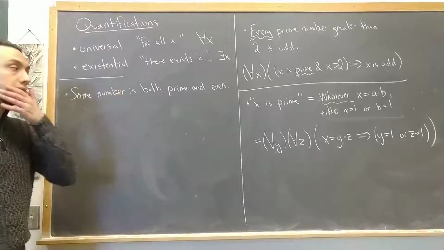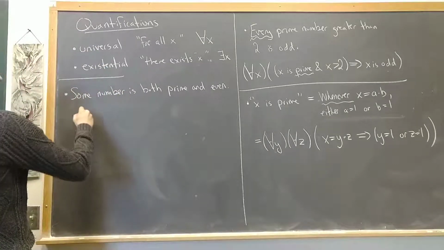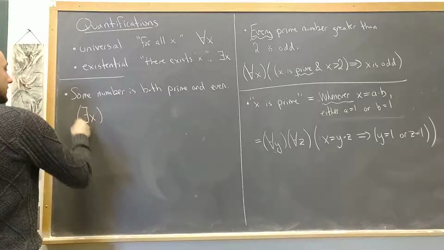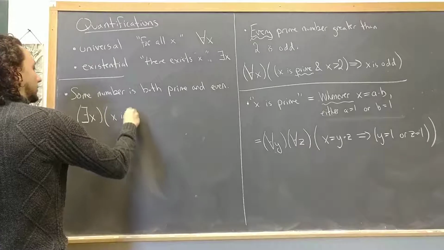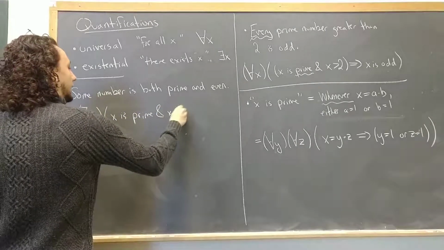And this is a true sentence as well because 2 is a number which is both prime and even. And a way to translate this into math would be there exists an x such that x is prime and x is even.